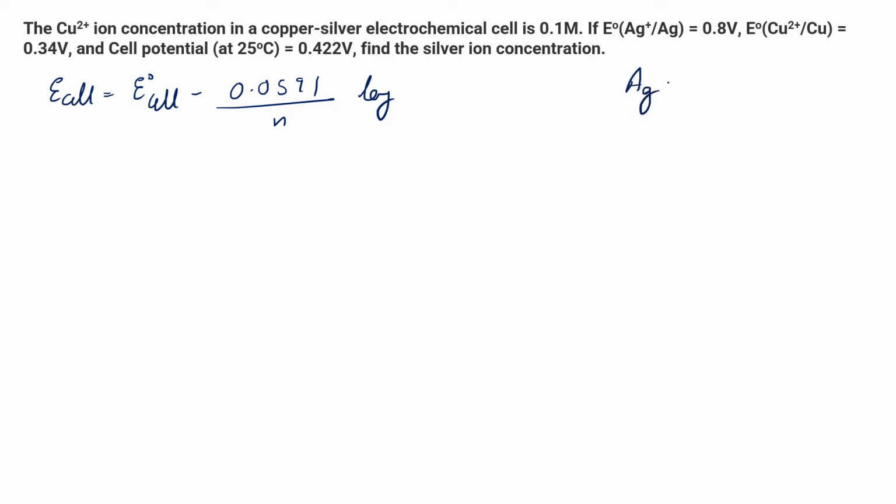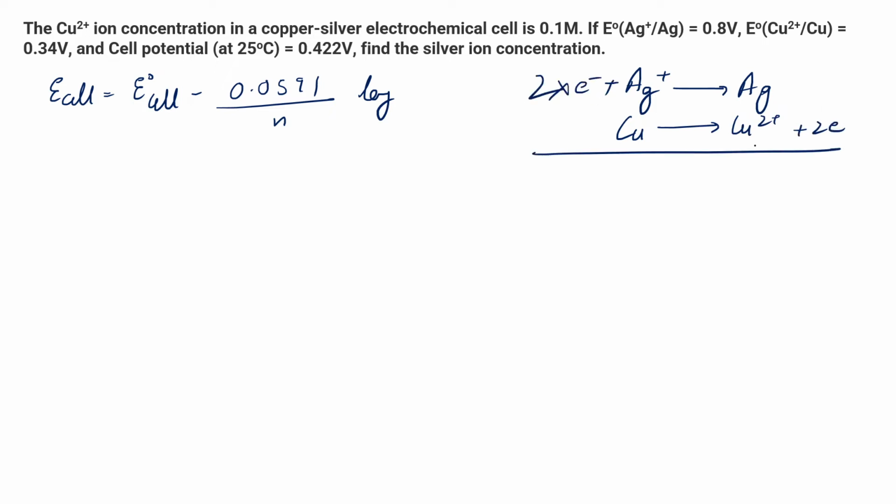Here silver ions are getting reduced to silver and copper is getting oxidized to copper 2 plus. 2 electrons are released over here, 1 electron is consumed over here, so it will be multiplied by 2. So the overall reaction is 2 silver ions plus copper converting into 2 silver atoms plus 1 copper 2 plus ion. So E naught cell first we need to calculate.